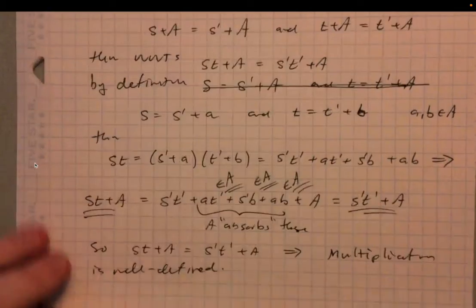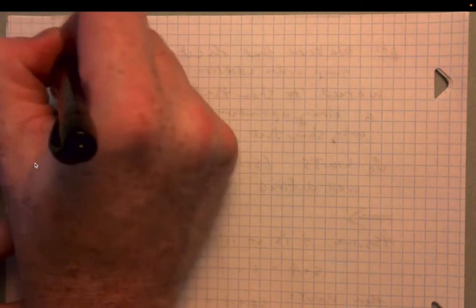So let's look at the other direction now. Okay? So what have we shown? We've assumed that if A is an ideal, then this multiplication operation is well defined. It has all the properties we need. And so let's look at it from the other direction. Here what we need to show is that if the multiplication operation works, then A is an ideal.